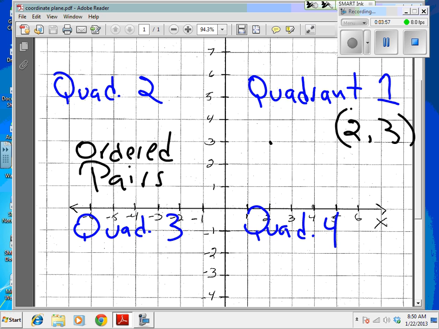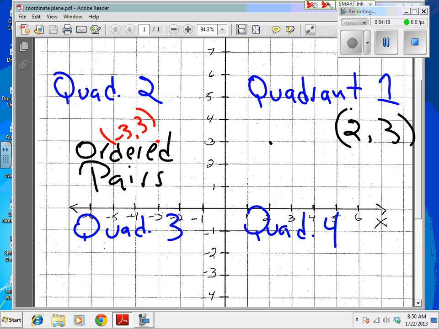All right? If I ask you to plot point -3, 3, okay? Here's -3. And here's 3. That will be -3, 3.